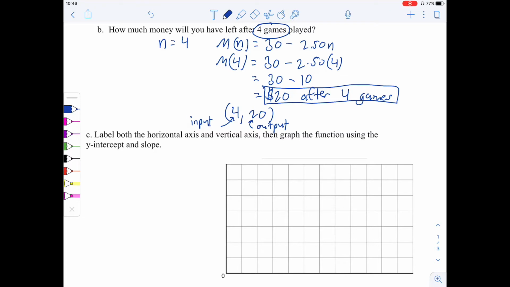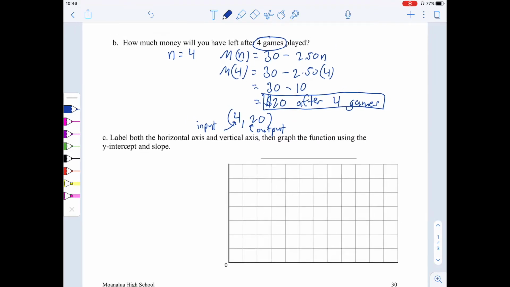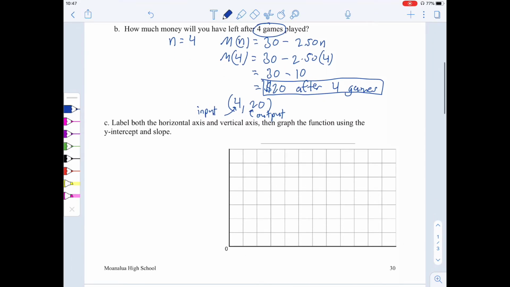Okay, part C. Label both the horizontal axis and vertical axis, then graph the function using the y-intercept and slope. Remember our input value is always on our x-axis.